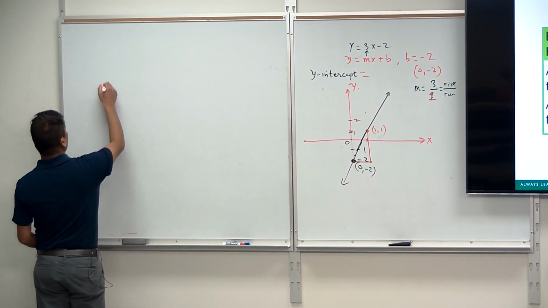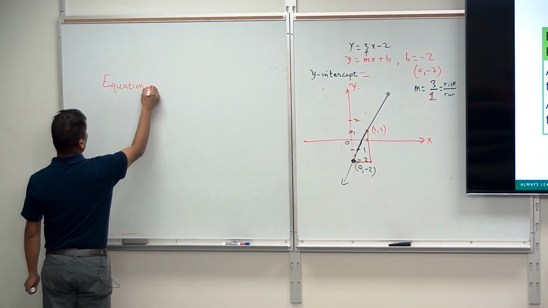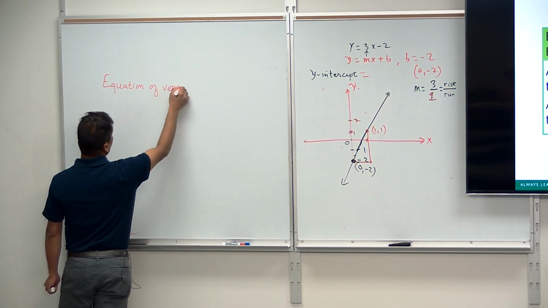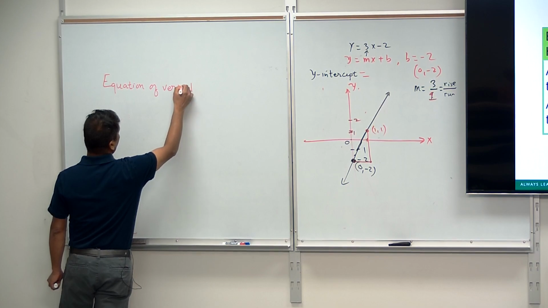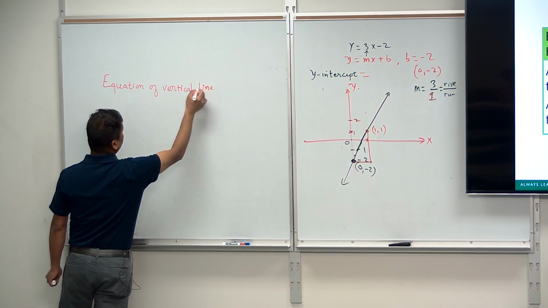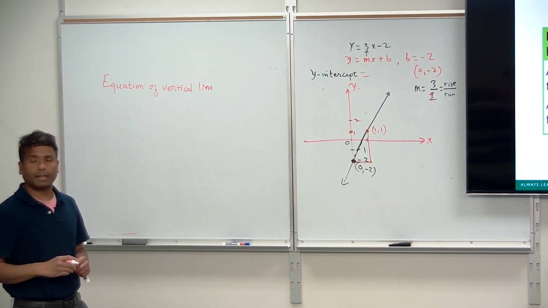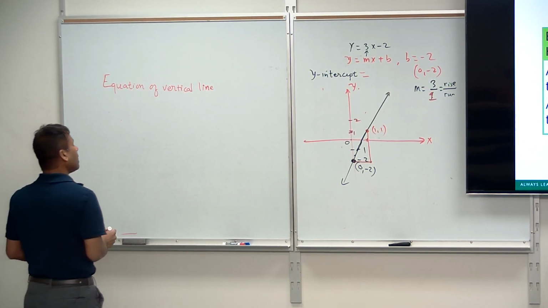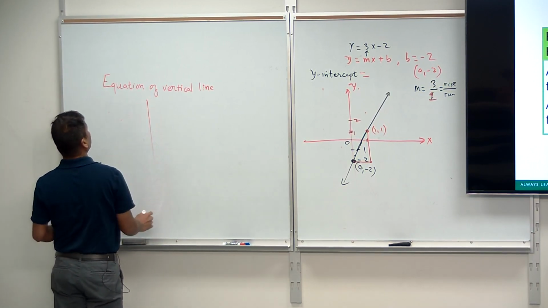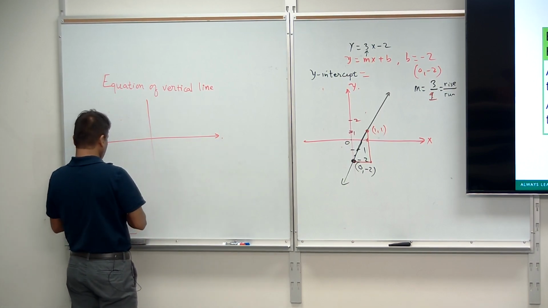So the equation of a vertical line. How do you find the equation of a vertical line? So let's say you have a line. This is a vertical line.